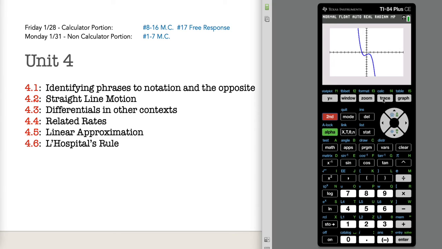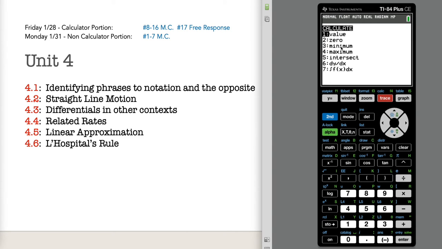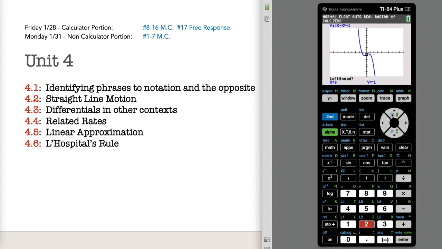So instead of using the intersection button, I would use the 0 button. Left bound. It's going to have kind of the same directions in whatever you're choosing to find. But then that's the same number I found last time.